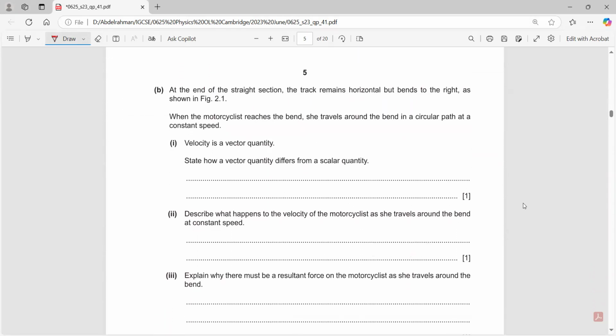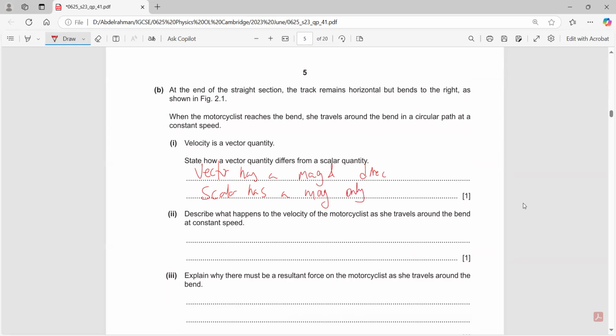Velocity is a vector quantity. State how a vector quantity differs from a scalar quantity. A vector has a magnitude and a direction, while a scalar has a magnitude only.